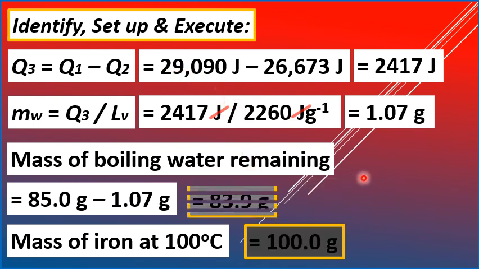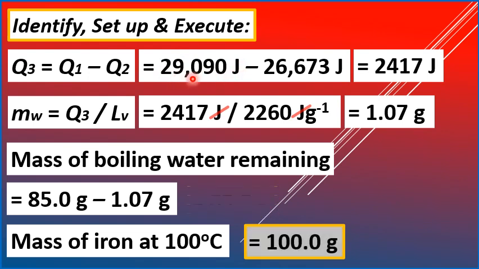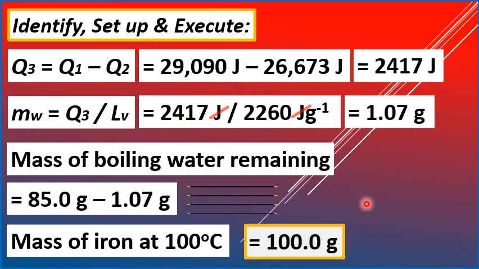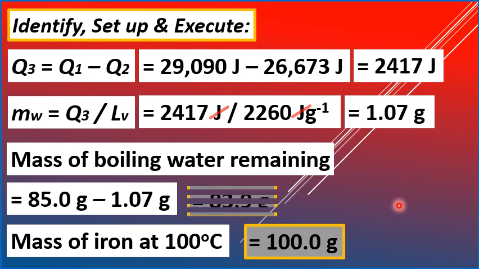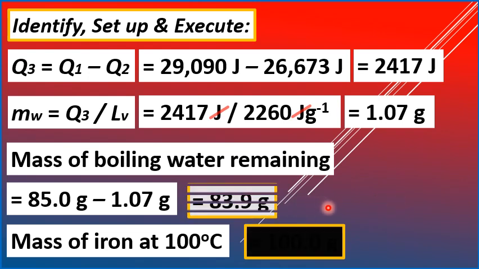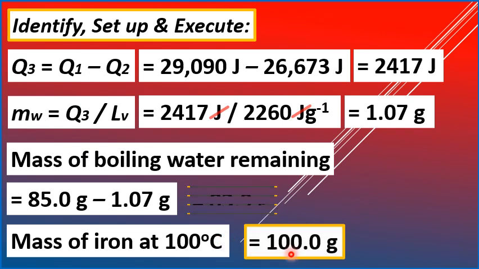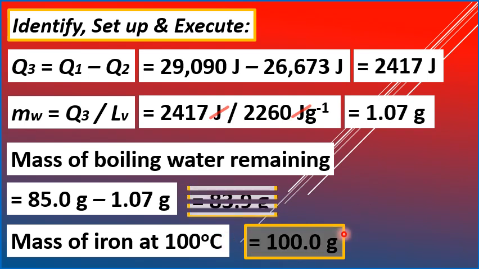Just because it loses that amount of thermal energy doesn't mean that the state of iron will somehow change. Not really. So that means the amount of iron will still remain intact, equal to 100.0 grams.